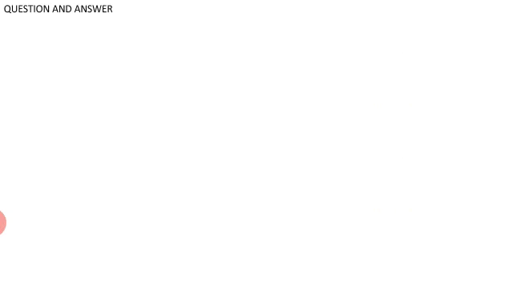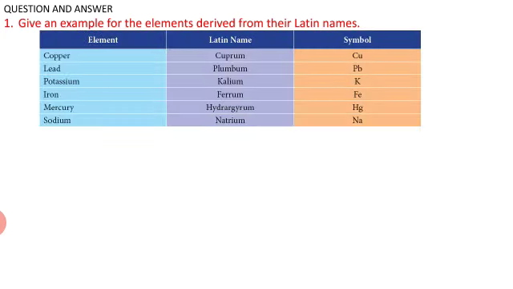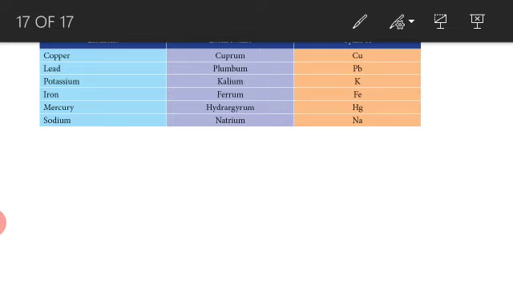Next, question and answer. First question. Give an example for the elements derived from their Latin names. Already I told you some of the elements have Latin names. You see the first one, copper, from Latin word cuprum. The symbol is Cu.